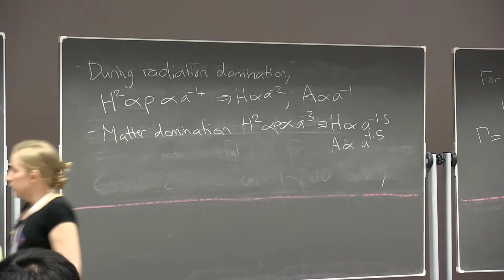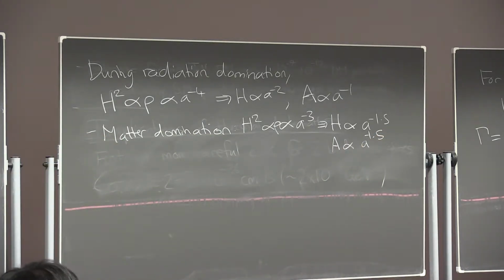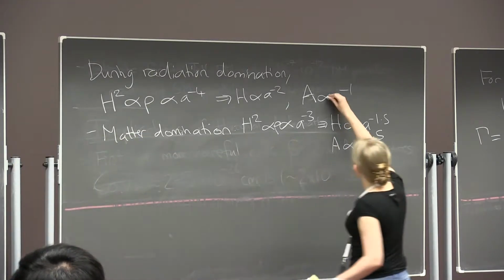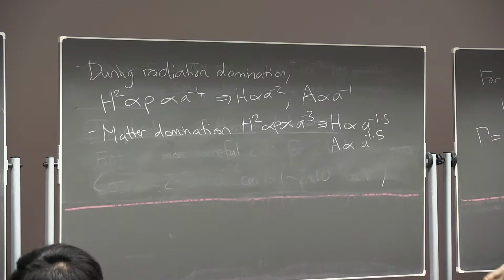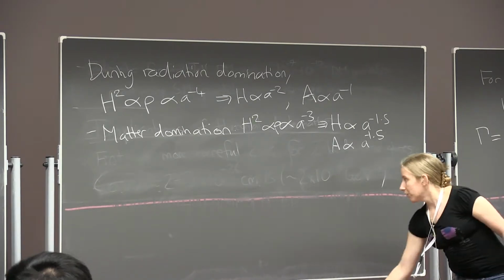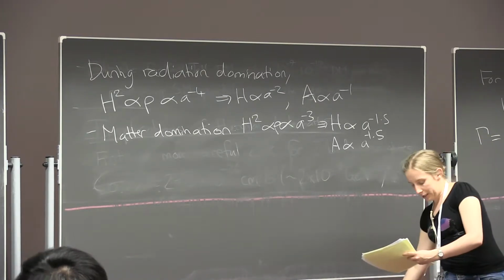So the number of annihilations and the power injected by annihilations in a co-moving volume per Hubble time decreases as we go forward in time, just as 1 over a throughout the radiation-dominated epoch, and somewhat faster once you enter the matter-dominated epoch.